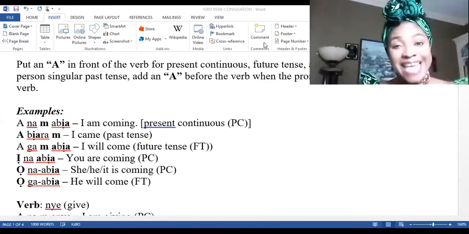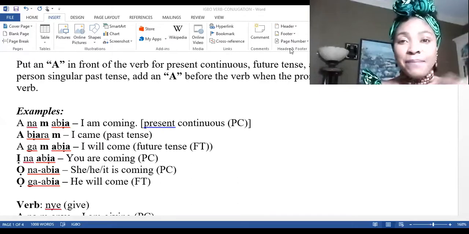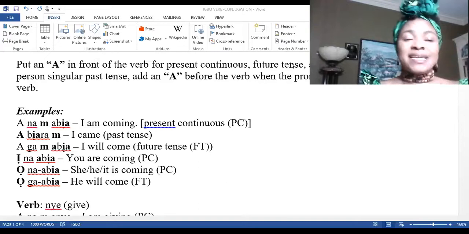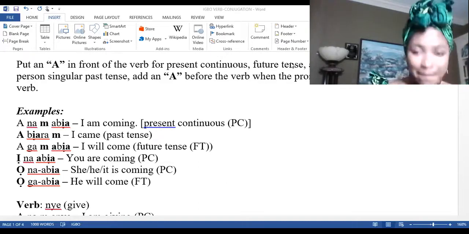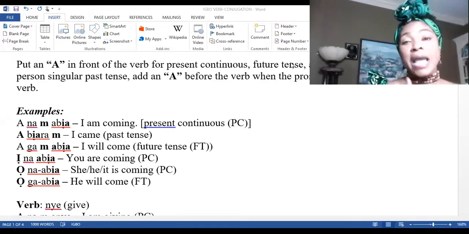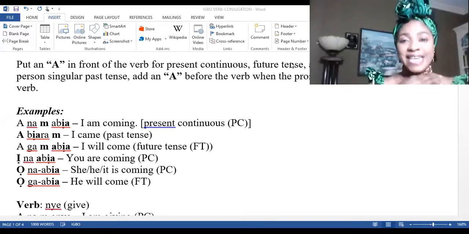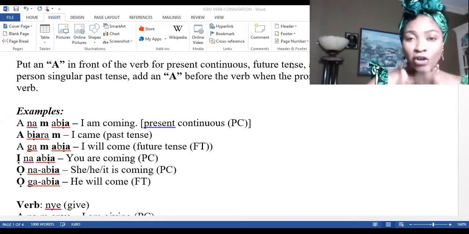Now, father means na or papa. Now, when you say my mom or my mother, you say nem. When you say my dad, papam, or you can say nam.